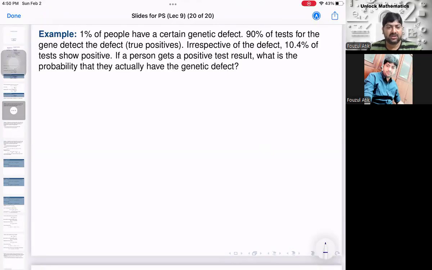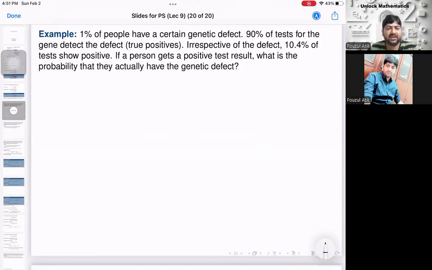Now this is the test which is used to find whether the defect is there or not, and it has some issue: whether the person has the defect or not, 10.4% always show positive. So irrespective of the defect, it will always show you a positive one.